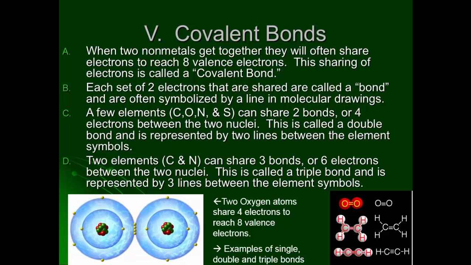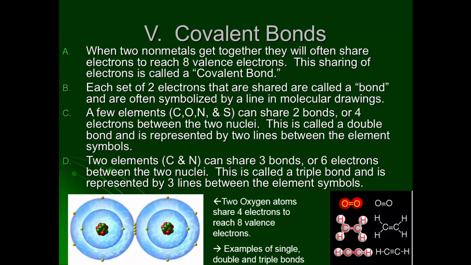So here to the left, we have 2 oxygen atoms, and you'll notice that they're sharing 4 dots, 4 electrons. So O2, the bond there is actually called a double bond, and it has 2 pairs of 2 that are shared. And some examples over to the right here, we have a carbon.